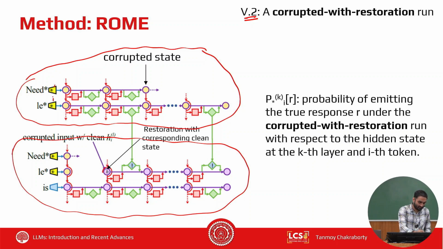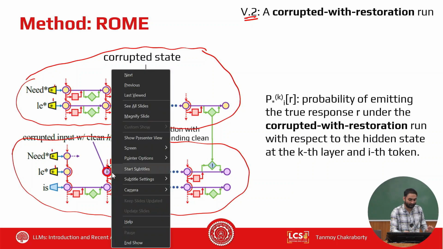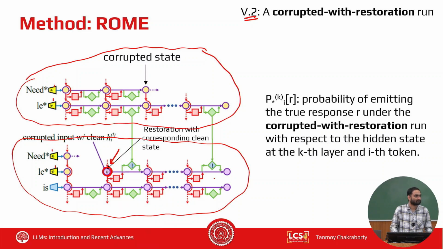You see subjects are corrupted here. In this case, they first identified a location which needs to be cleaned, and they replaced this hidden state with the clean hidden state first, the way we did earlier. Along with this, to identify the effect of MLP.